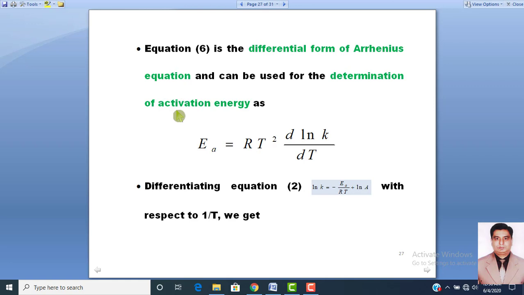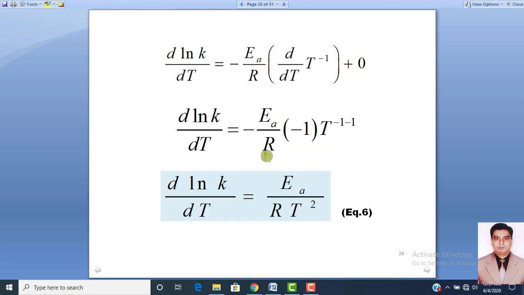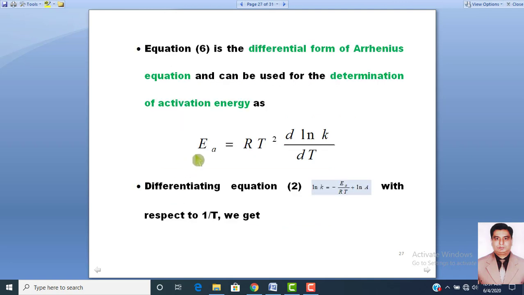So activation energy Ea will be equal to RT square d log natural k over dT. This equation has been obtained from equation number 6 by multiplying RT square on both sides. Here it will be cancelled and here it will be multiplied. So energy of activation is equal to RT square d log natural k over dT.